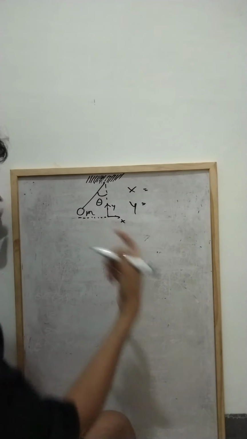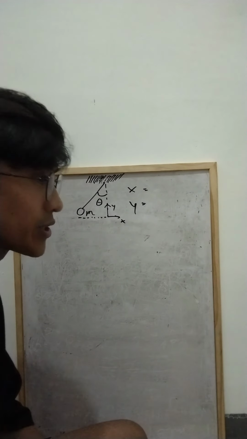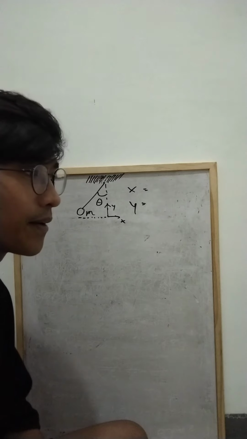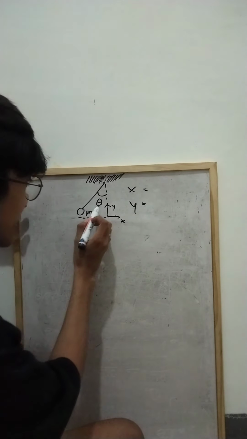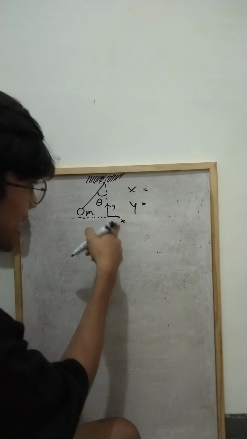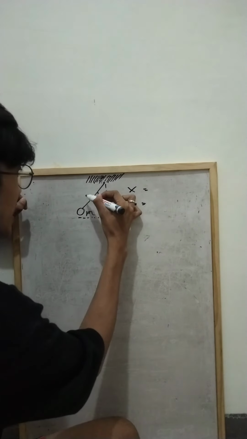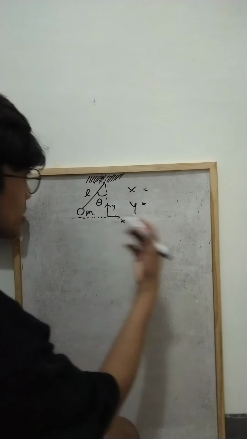Can you imagine that? To get these values, we need to use the sine and cosine functions in trigonometry. Sine of theta is equal to the opposite over the hypotenuse, where the opposite is x and the hypotenuse is L. I forgot to put L here, which is the length of the string.